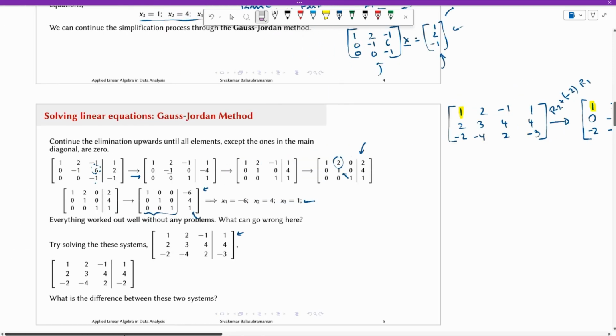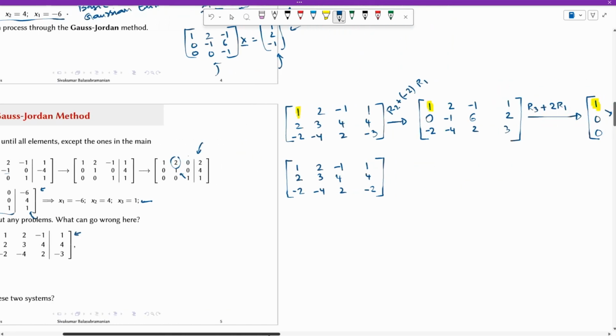Here. Let's do the same procedure. 1, 2, minus 1, 1, 2, 3, 4, 4, minus 2, minus 4, 2, minus 2. Let's try and do the same set of procedures.